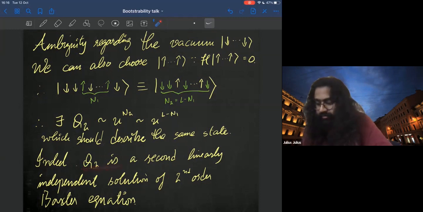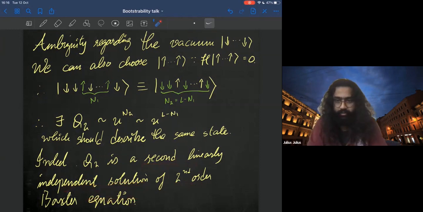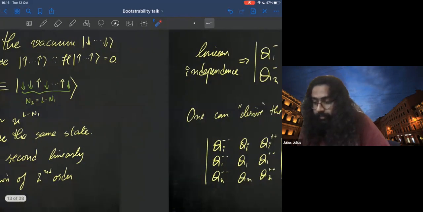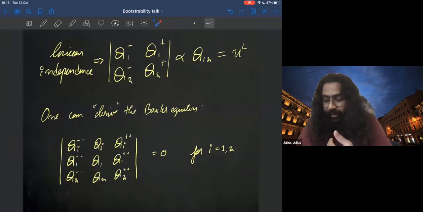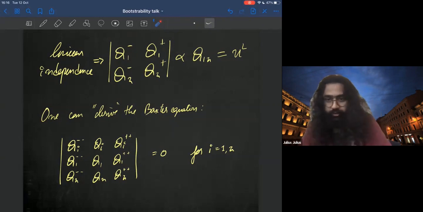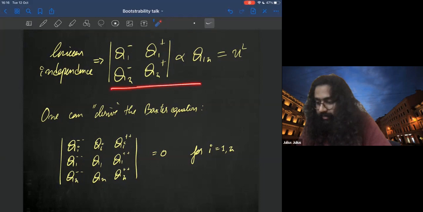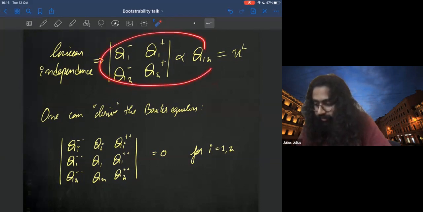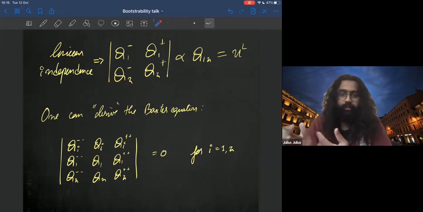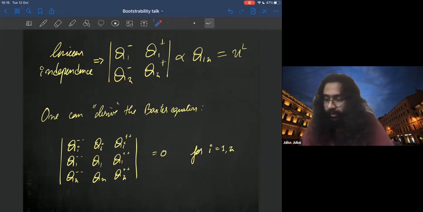And indeed, Q2 is just a second linearly independent solution of the second order Baxter equation which we just wrote down. So that's very good. Now, the fact that Q1 and Q2 are linearly independent would mean that their Wronskian should be non-zero. And that means that I can write some kind of a Wronskian relation between Q1 and Q2. Of course, these are difference equations, so instead of function and derivative, you have just shifts in the spectral parameter.